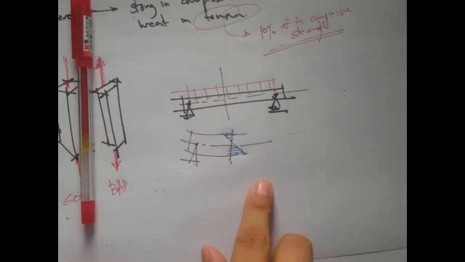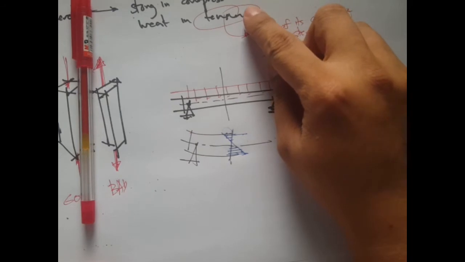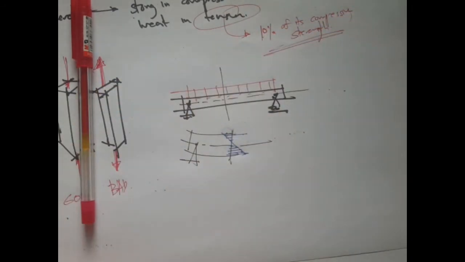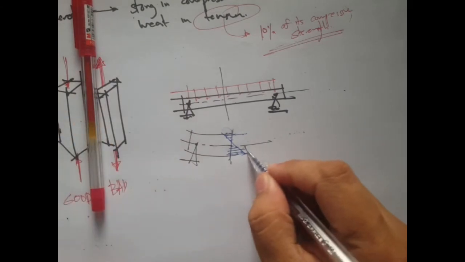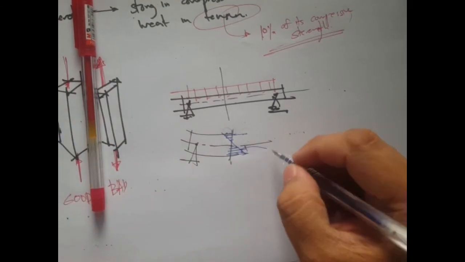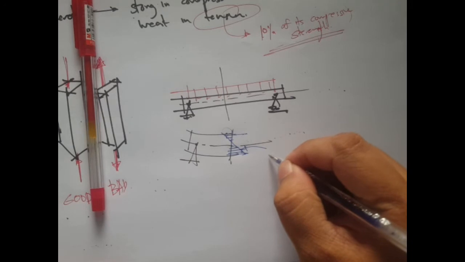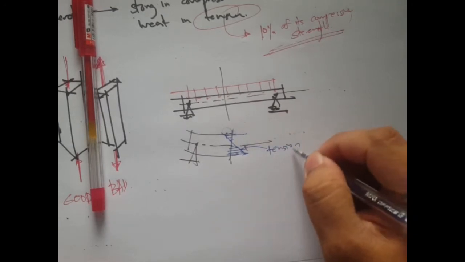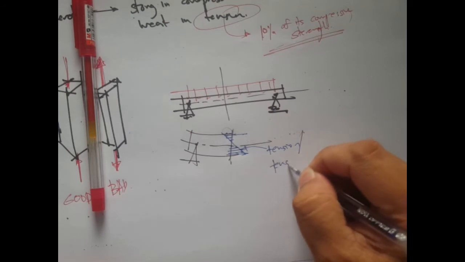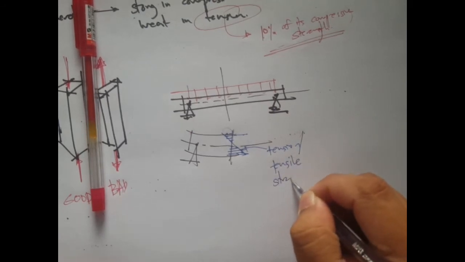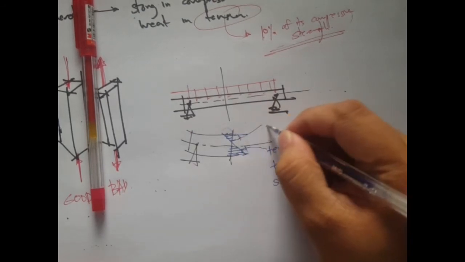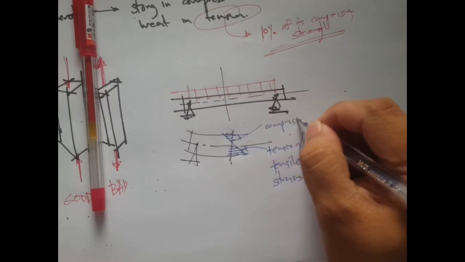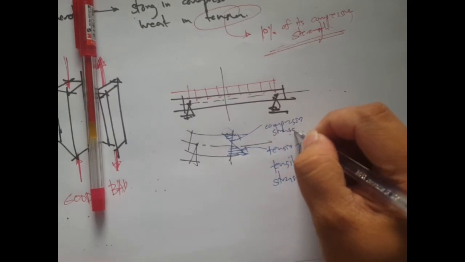We say that concrete is good in compression but weak in tension. So meaning that for flexural members, in regions under tension, we have tension or tensile stresses, and then this one is compressive stresses.